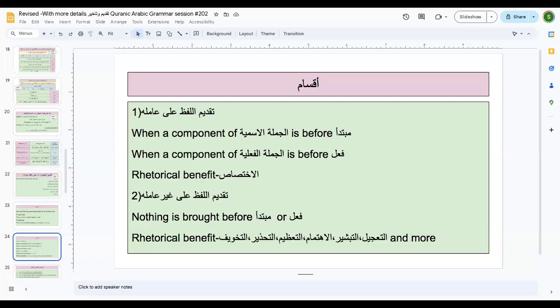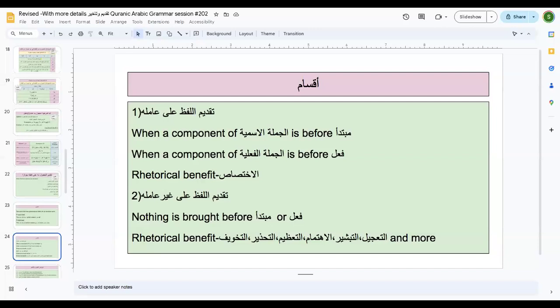When something is brought before the amil, remember we just did two examples: lillahil hamdu, and iyyaka na'budu.